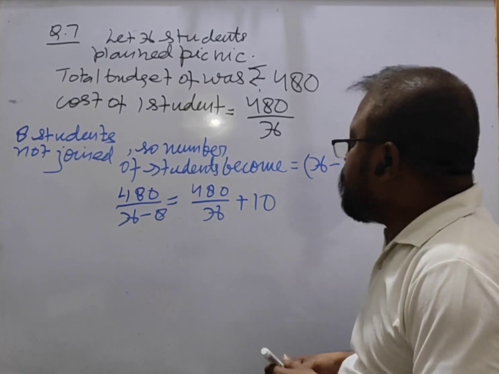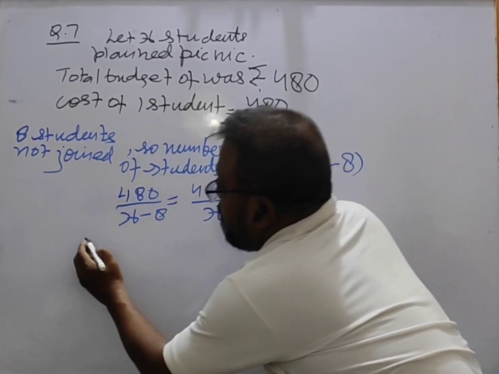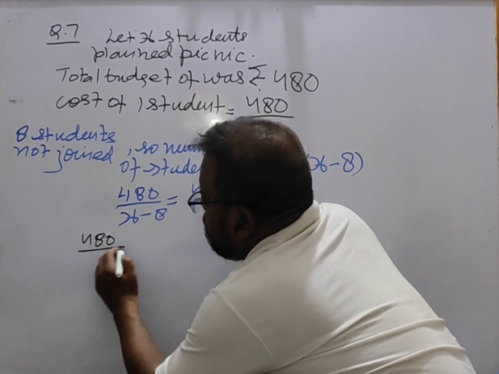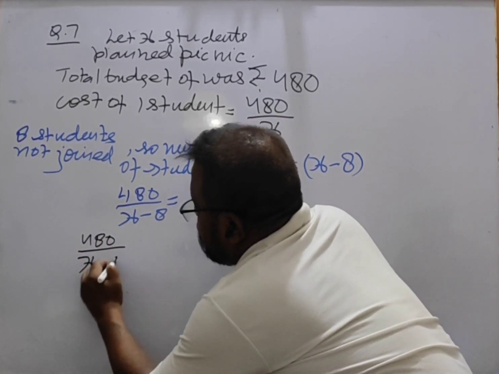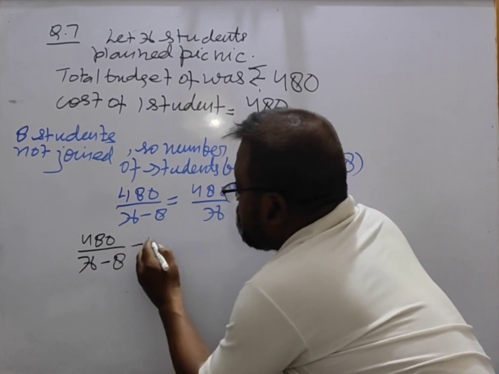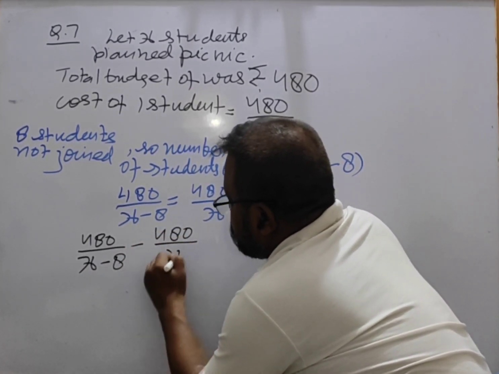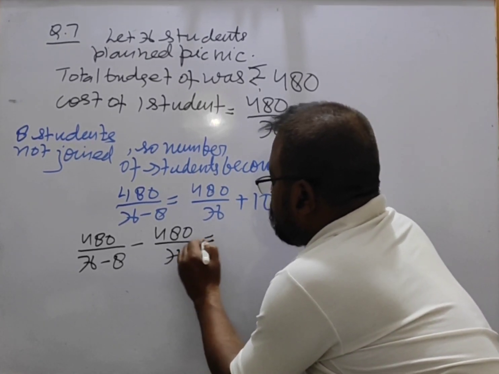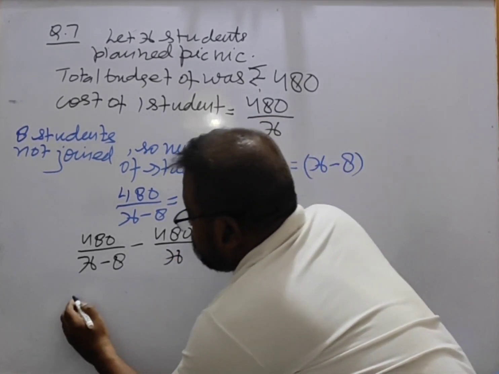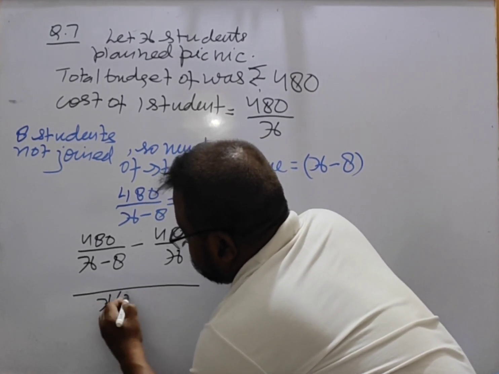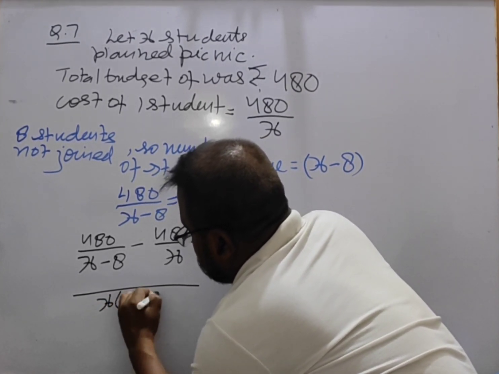So now you bring this on the other side. So 480 upon x minus 8 minus 480 upon x is equal to 10. Take LCM x times (x minus 8).